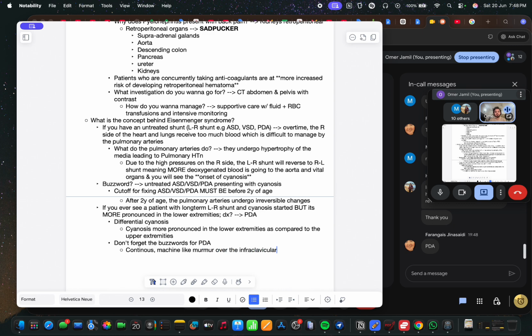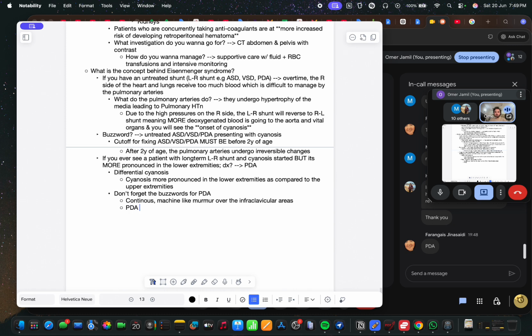This is something I've seen on NBME. It's not on UWorld, but they love giving it over the infraclavicular area. And PDA is strongly associated with congenital rubella, so it's a triad of PDA plus cataract plus sensorineural hearing loss.